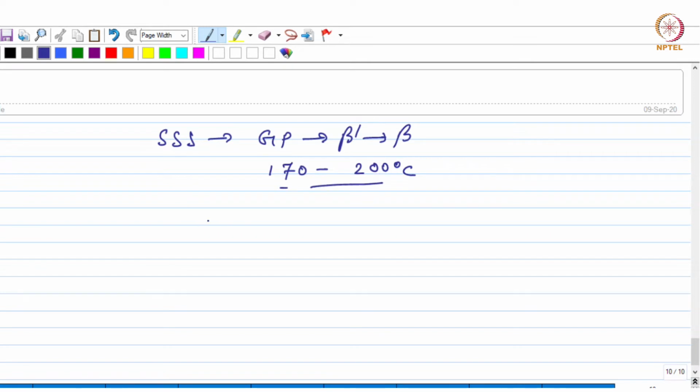Because for this particular alloy, the GP zone solvus, which is the temperature beyond which the GP zones will dissolve, is around 225 degree Celsius, right? So that is why it has to be done below that, in this particular temperature range, okay? Typically around this 170 to 200 degree Celsius.